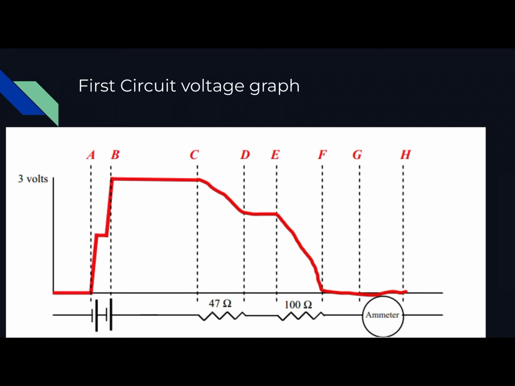Now here's how it would look as a graph. At first, it goes a little down from C to D after being all the way at 3 volts, say around 2 volts now. And then after passing through the second resistor, it's basically 0 volts.